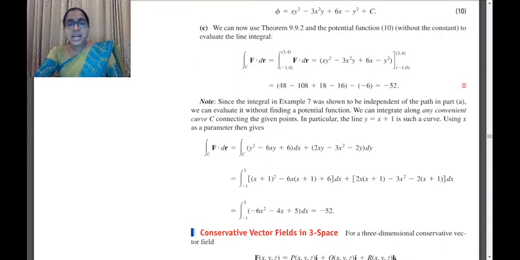Since we have found that F is conservative, the integral is path independent. So we are going to show how to do the same problem in a different manner. If we are able to find the equation of the path which moves from point A to point B, then we will just substitute it in the given expression.